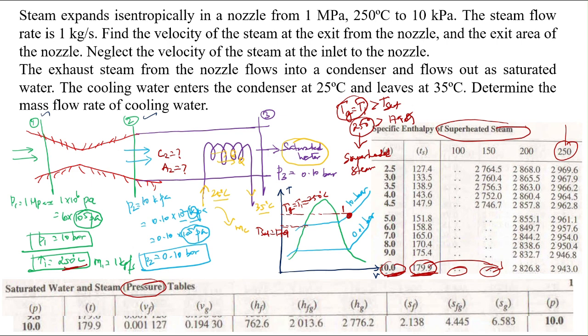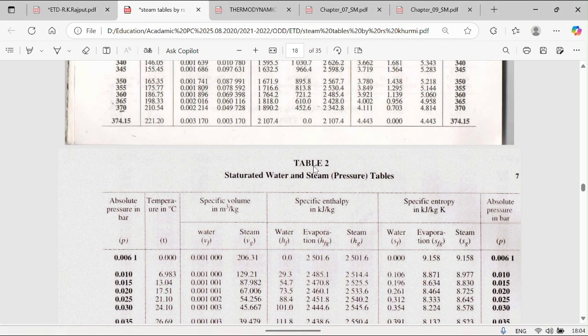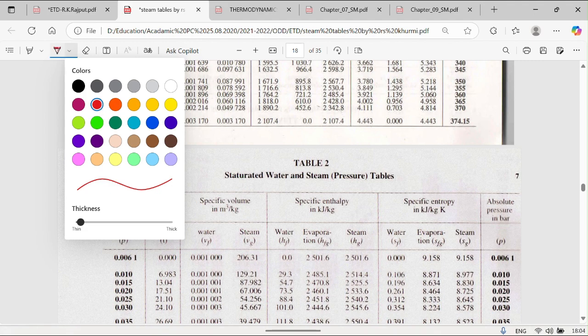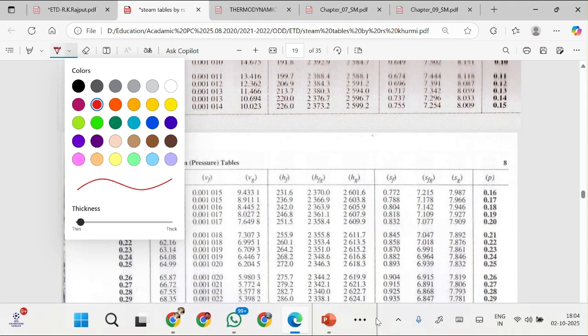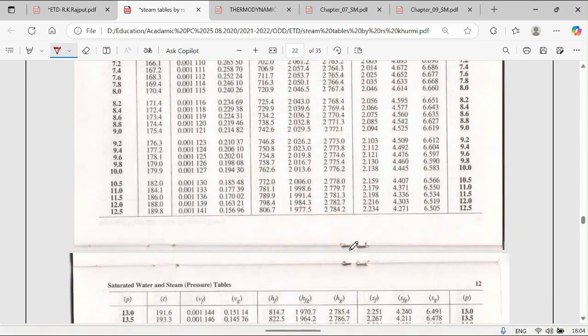The second clue is in the pressure table. In the pressure table at 10 bar, the saturation temperature is 179. This is the 10 bar condition, and the value given as 179 is the saturation temperature.